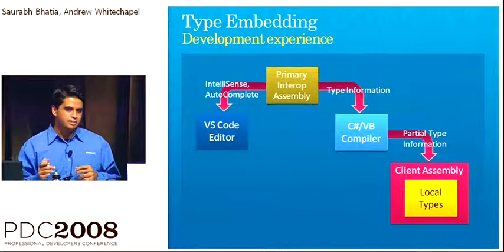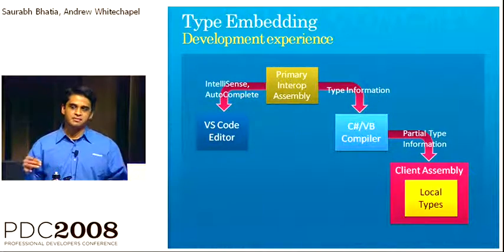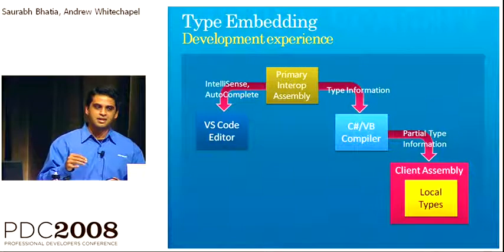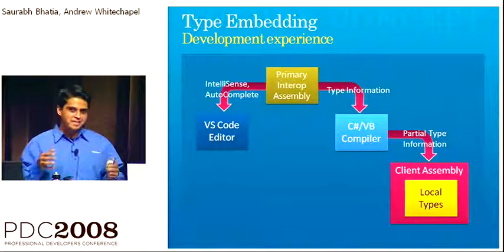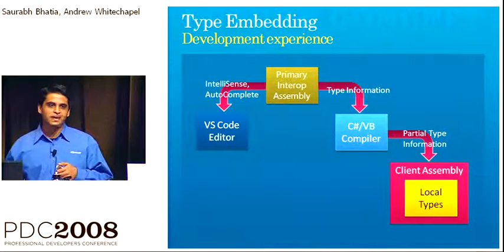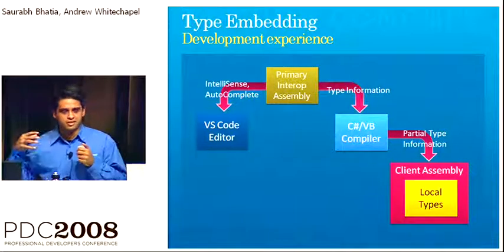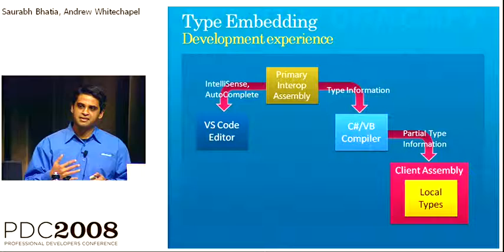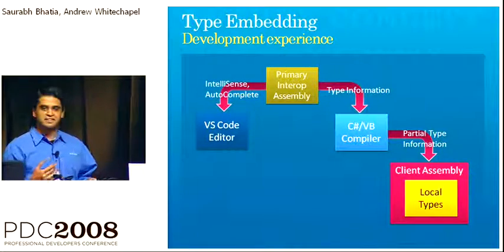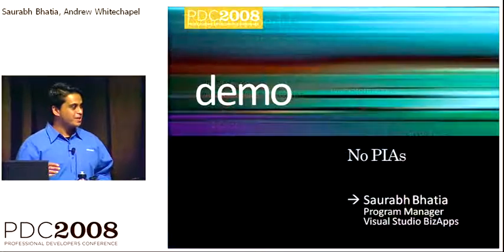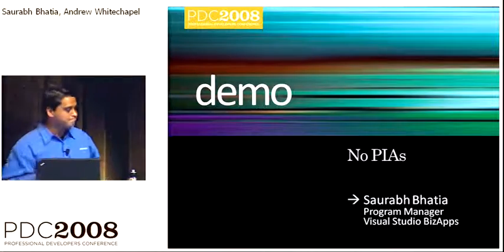The C# or VB compiler, whatever your language of choice is, will actually embed the type information for the types you used into your client assembly itself. What that means is you no longer need to have a reference at runtime to the primary interop assemblies, because the partial type information is embedded in your client assembly. If that still sounds a little complicated, let's just look at a demo, and that's where we can actually see what that impact is.